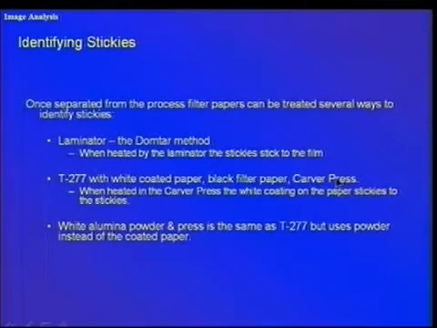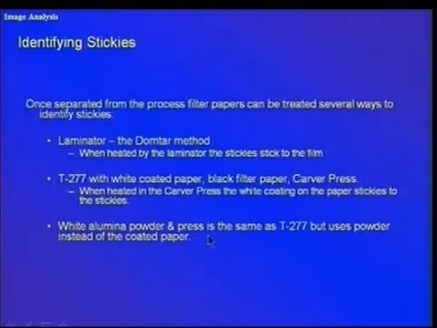It will then transfer the white powder coating to the stickies preferentially. When taken out of the press, the paper is removed and the excess white powder is brushed off and any other loose materials, leaving only the stickies and whatever material is left behind.